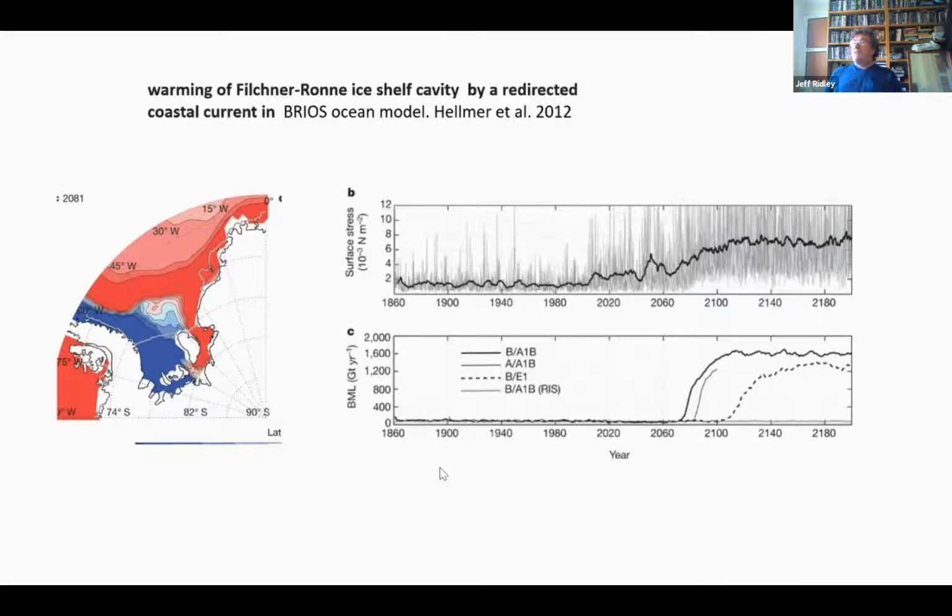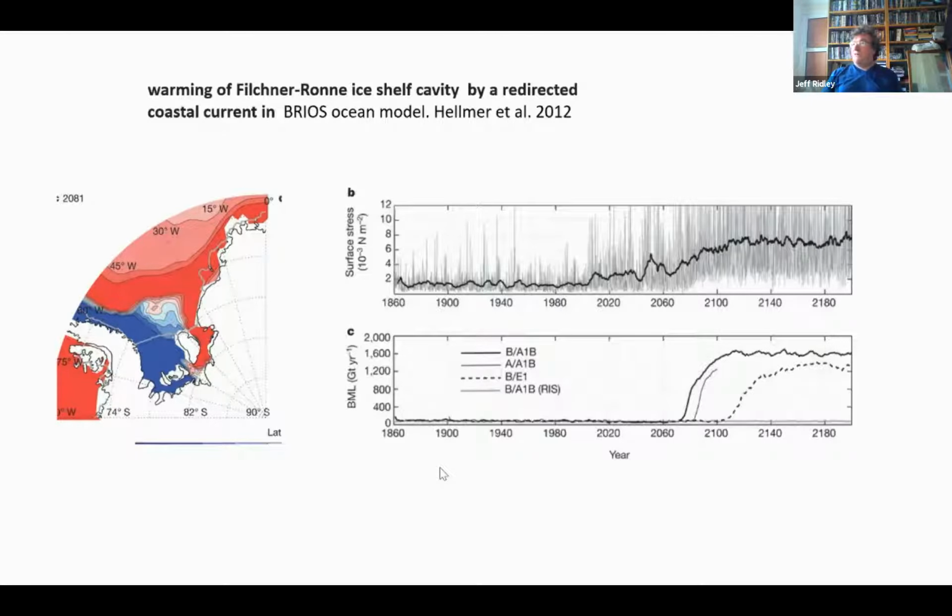And as a consequence, the bottom plot here on the right is showing a massive increase in melt of the Ronne-Filchner ice shelf. It's going up to 1,600 gigatons a year, and the current estimate for all the ice shelves around Antarctica is 1,500 gigatons. So this is going from practically nothing to the equivalent of all the ice shelves, sometime this century.